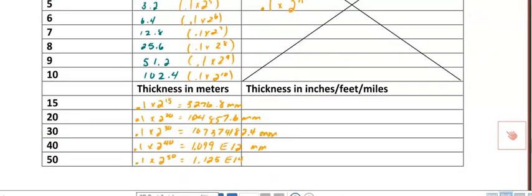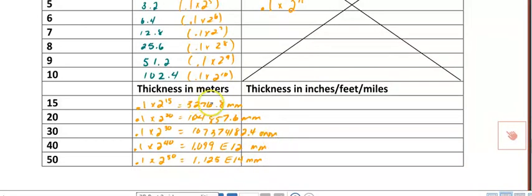So if we use the formula to calculate how thick it is on the 15th fold, it would be 0.1 times 2 to the 15th, 20th fold, 0.1 times 2 to the 20th, 30th fold, and so on. The numbers start to get big really fast.